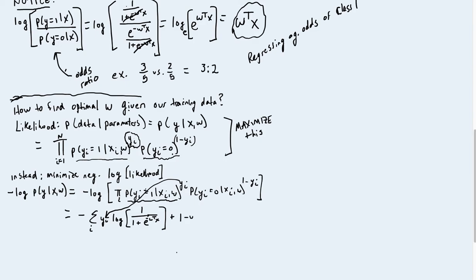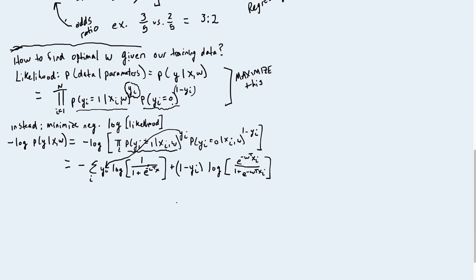Plus 1 minus yi. And now let's actually write down the probability of 0. yi equals 0. 1 minus yi log of e to the negative w transpose xi. Okay, and this whole thing's under the sum.